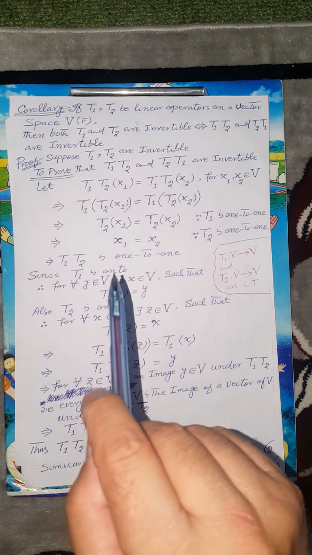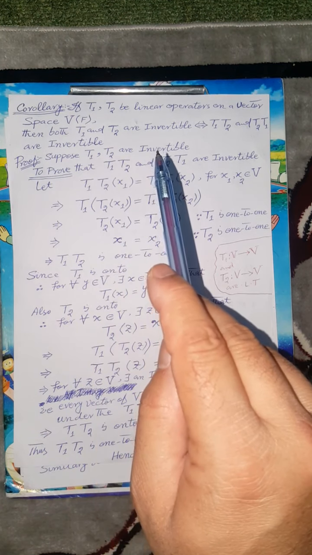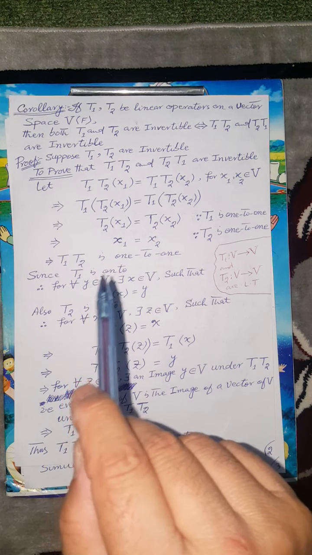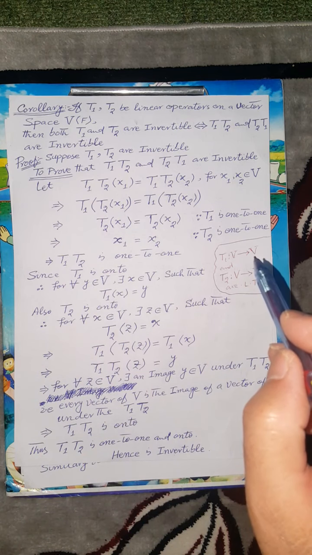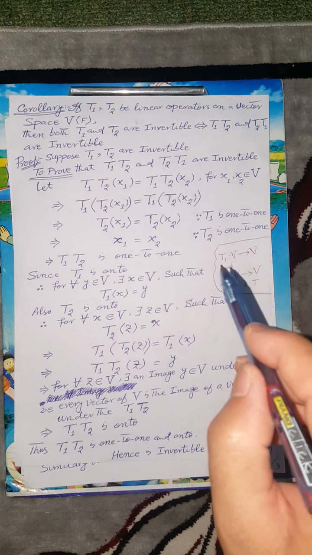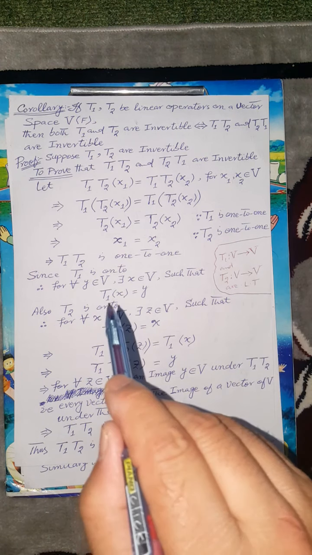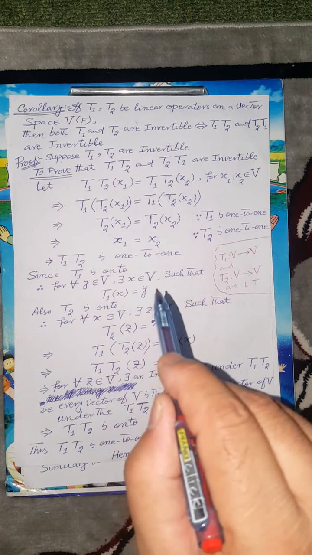Since T1 and T2 are invertible, T1 and T2 are onto linear transformations. That is, for each element y contained in the vector space V, there exists an element x in V such that the image of x under the linear transformation T1 is y.